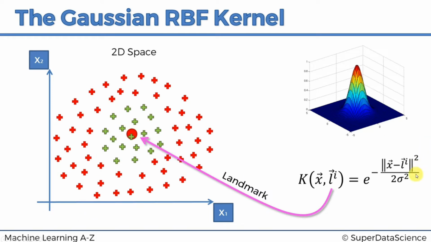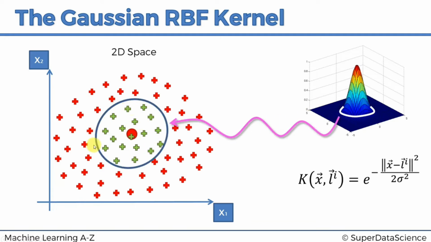And so the landmark is placed, and next what happens is the distance, as you can see here, the circumference around this kernel function is actually projected onto our visualization. What this circumference allows us to do is take all of the points that are within that circumference and assign them a value of above 0.